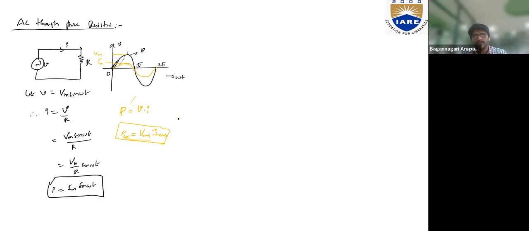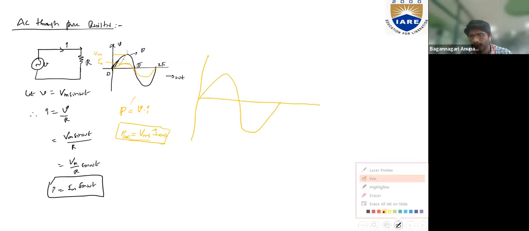So what will happen when I have a waveform like this? Suppose this is a voltage waveform, let me draw the current waveform.